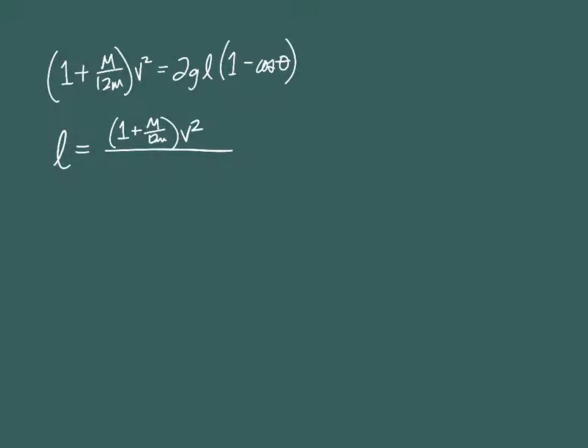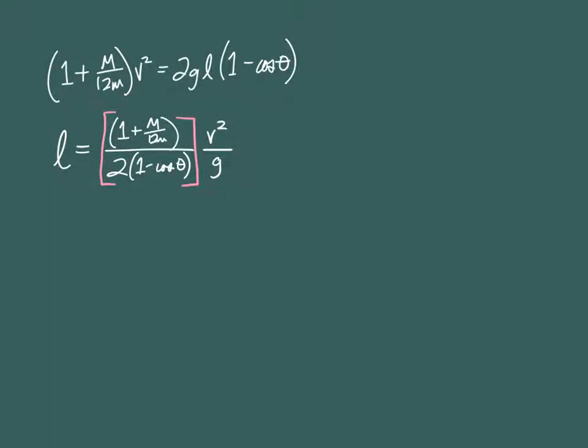All right. And then I'm going to have this 2 times 1 minus cosine theta. I'm going to change things up here a little bit because I'm going to separate all of that because that stuff's a bunch of numbers, and I'm going to have v squared over g.